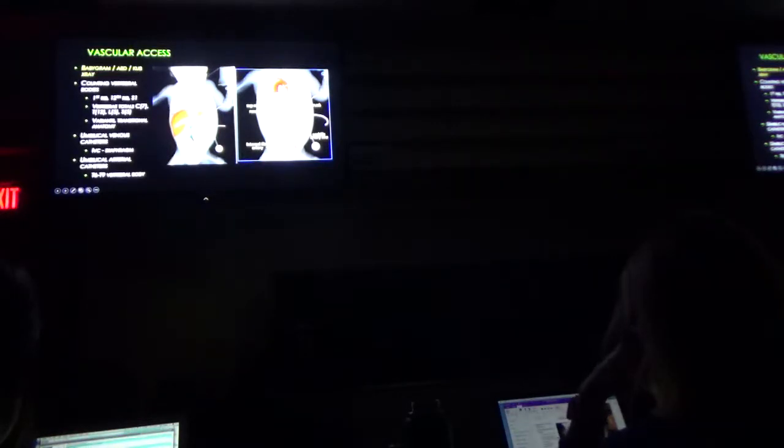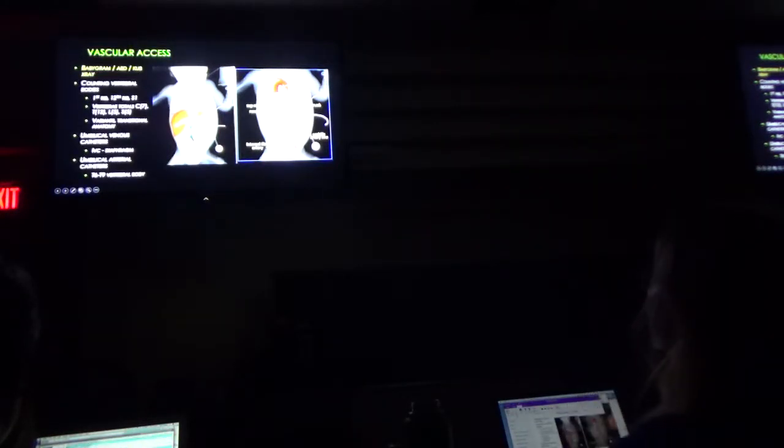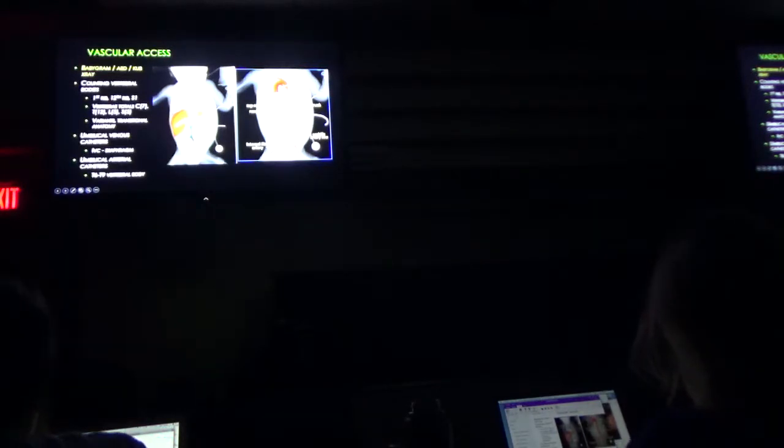There's so many different things that can go as far as feeding a line umbilical-wise, but the main thing is that it's going to go down and enter into the iliacs before it goes into the inferior vena cava.